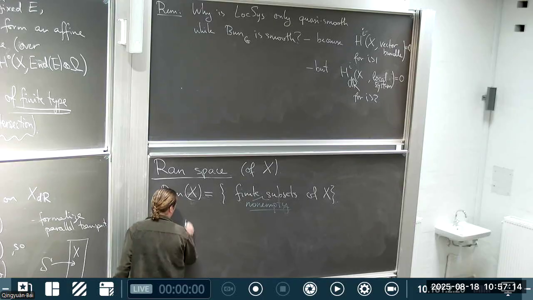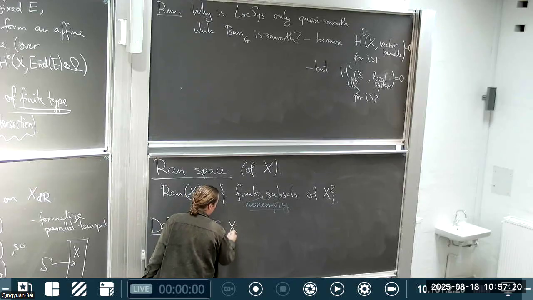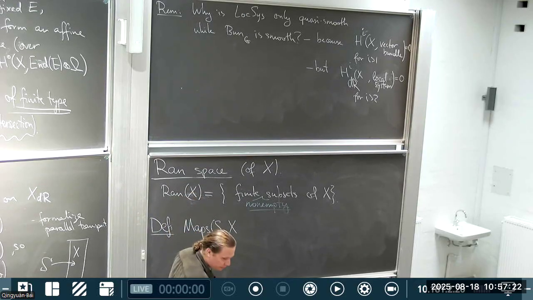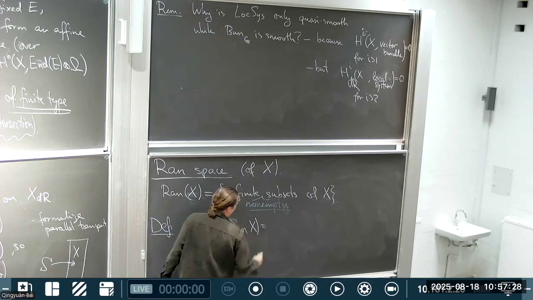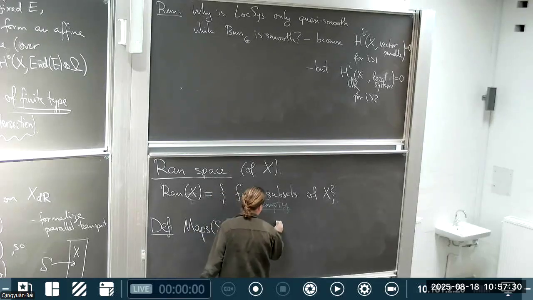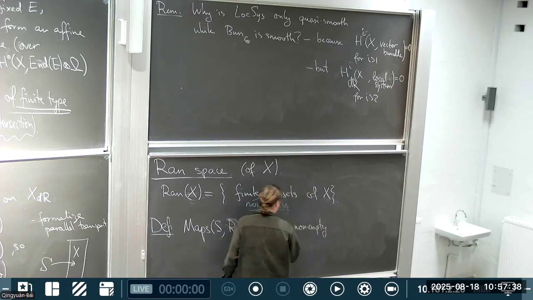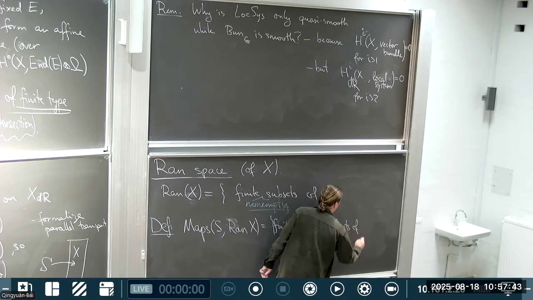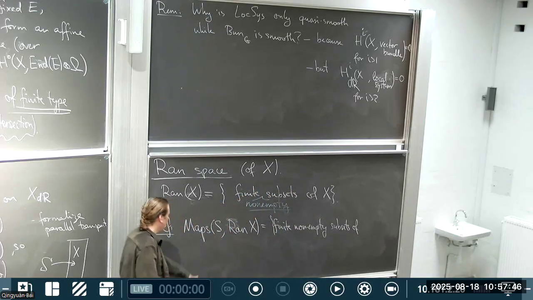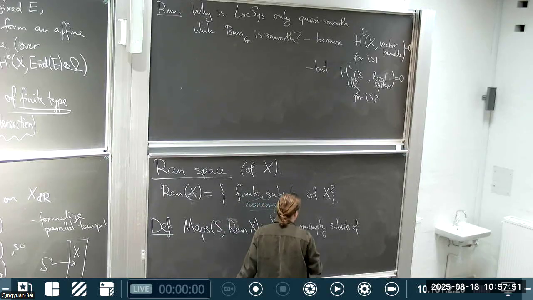The maps from a test scheme S to the Ran space of X are going to be finite subsets, again finite non-empty, of maps from S, well, from the reduced part of S to X.